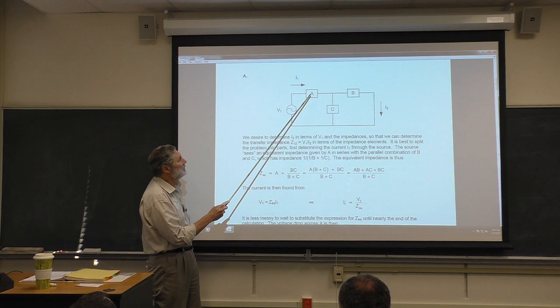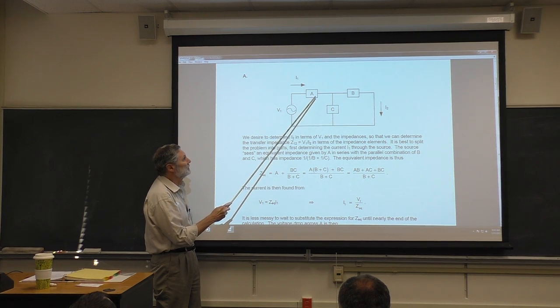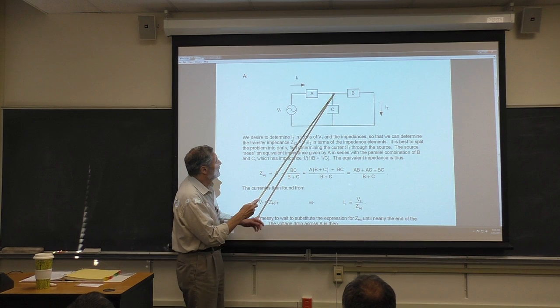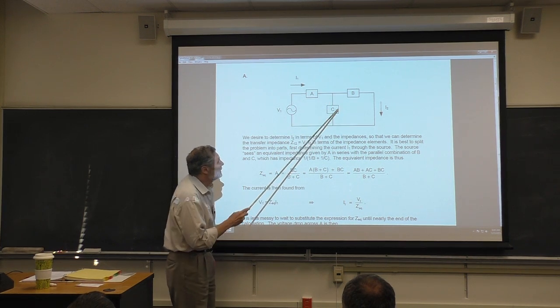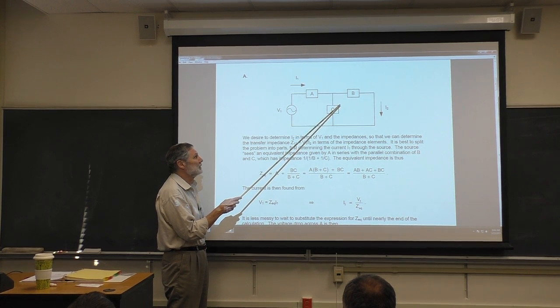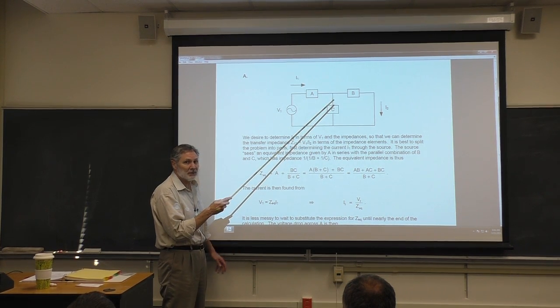We know that 2 impedances in series add. So I add A to the impedance across here, and the equivalent impedance of 2 impedances in parallel is we just add them in reciprocal.